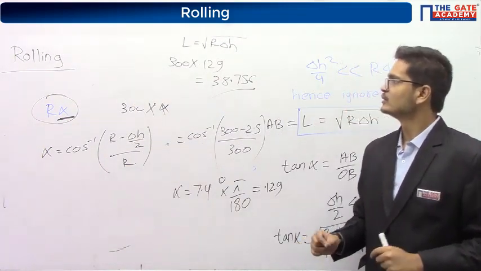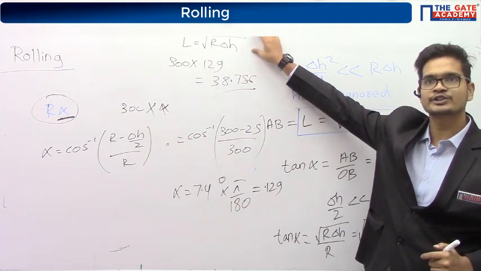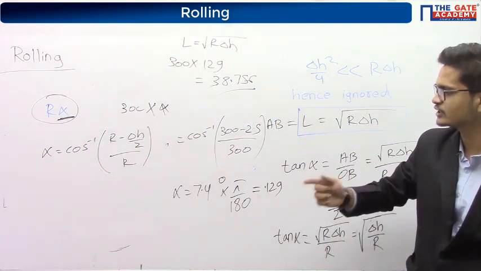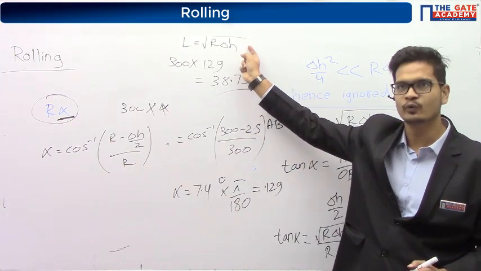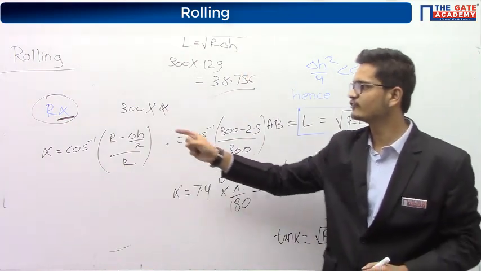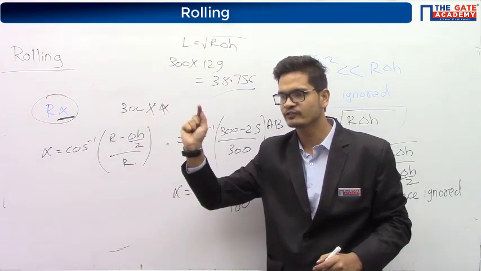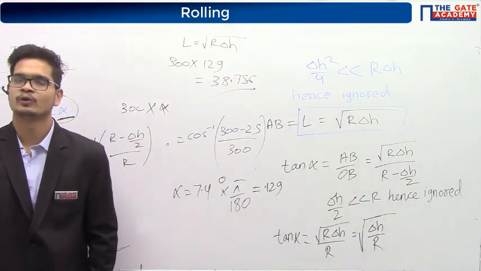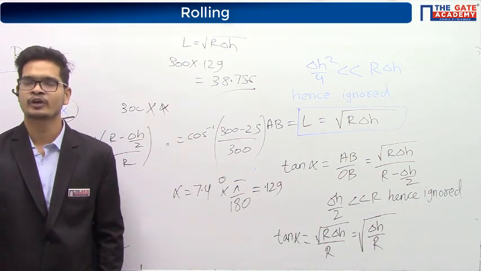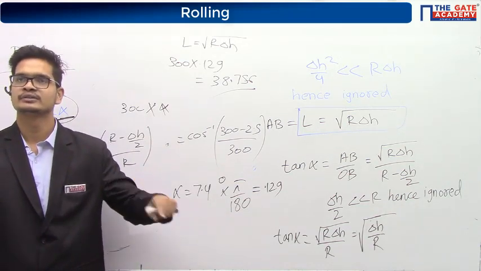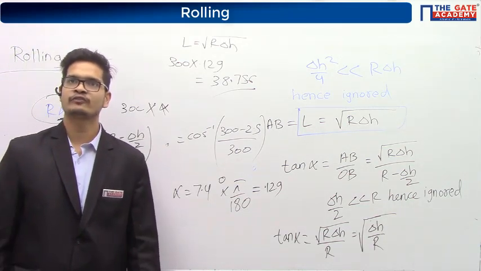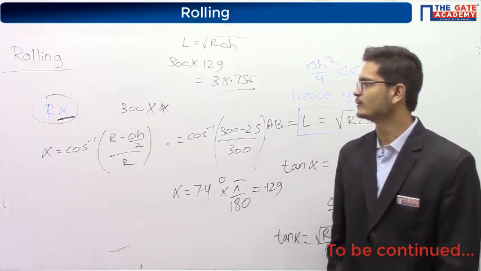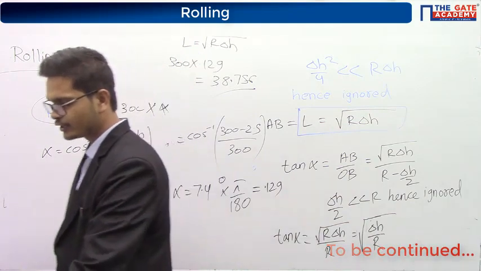So maybe for this question you got the same value, but it is not necessary that always you will get the same value. So R alpha is the most appropriate answer if they are asking the roll strip contact length. So we have to find the length of the arc, that is R into alpha. Okay guys, we'll continue with the next class.